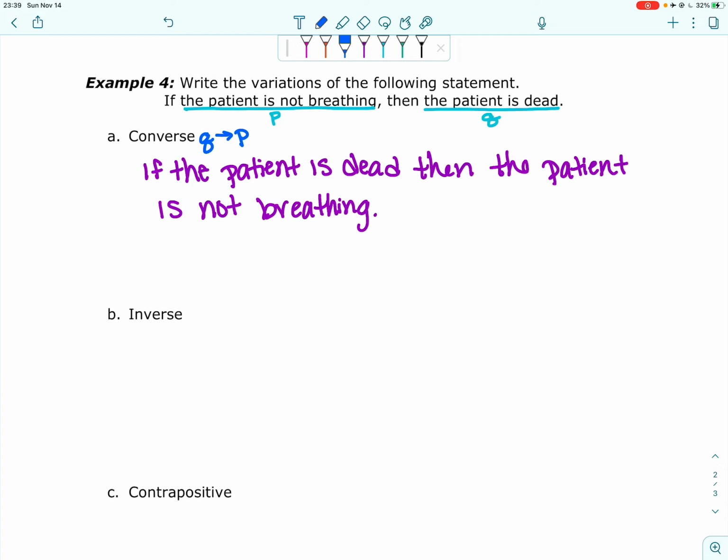The inverse, I keep P and Q where they are, but I negate both of them.